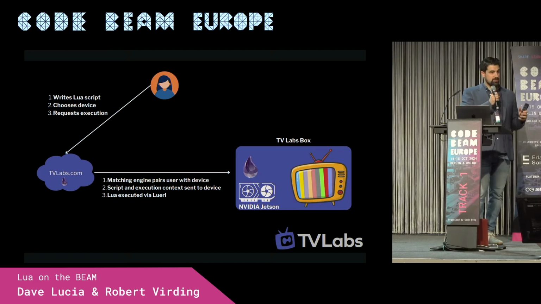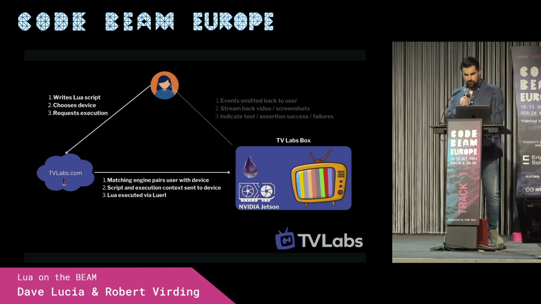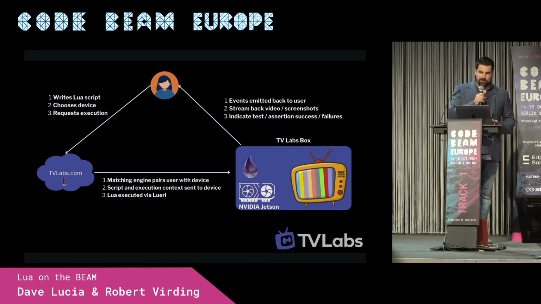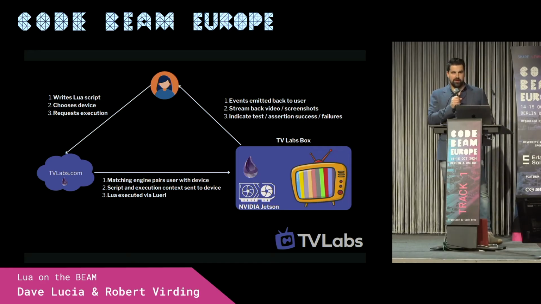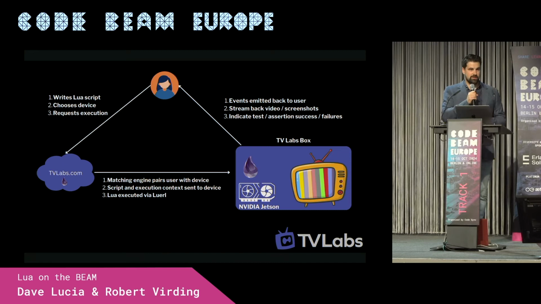Then we start executing the code, all in Luerl, on the device, or I should say on the NVIDIA Jetson, which runs with the device. As it's executing, we emit events that are then Phoenix pub subbed back up to our platform. We also stream back video and screenshots, and we use this to power a host of different UI and other affordances to know what's going on with your script.